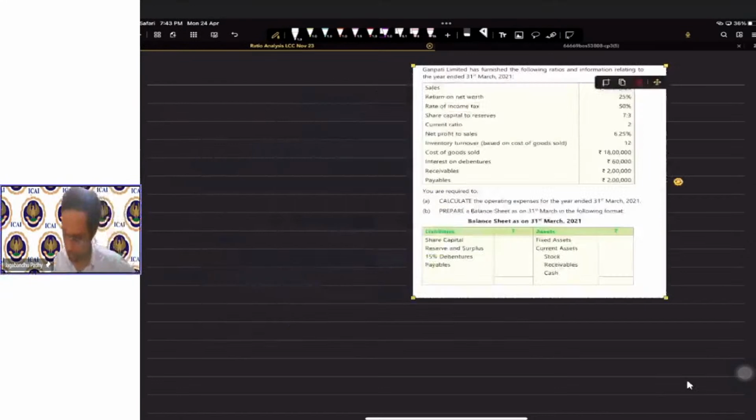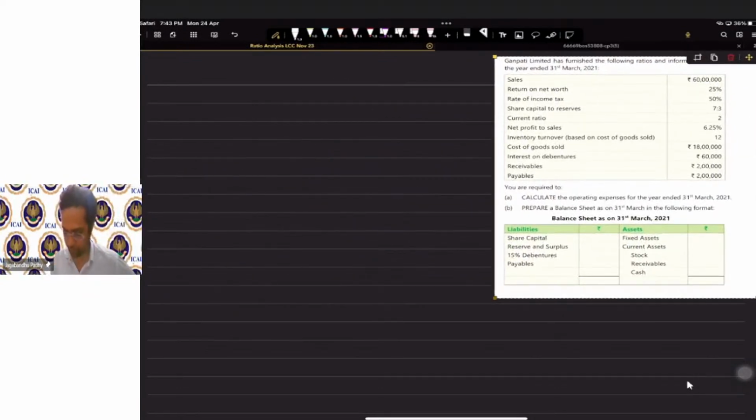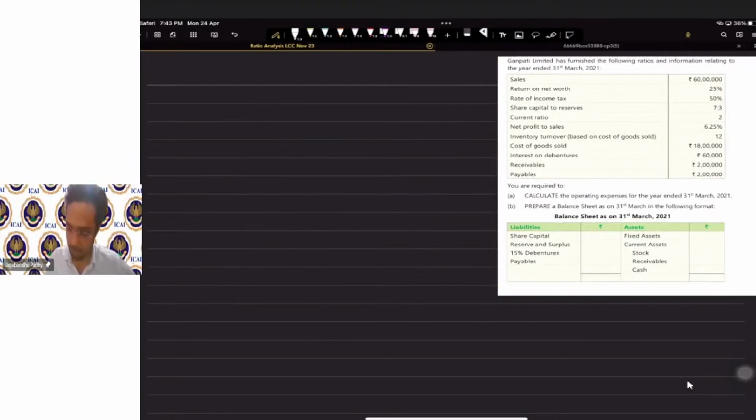Okay, so here we have the question. Let's begin, guys. Ganpati Limited has furnished the following ratios and information relating to the year ended 31st March 2021. Sales is 60 lakh, return on net worth is 25%, and we have the rate of income tax as 50%.